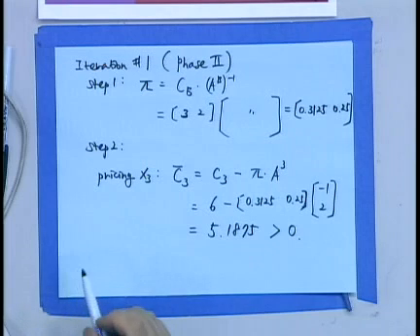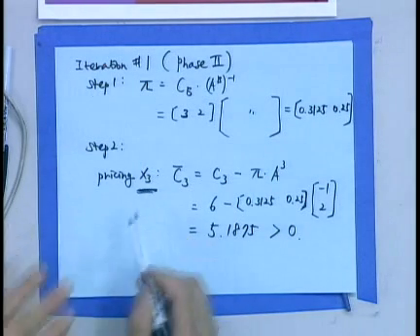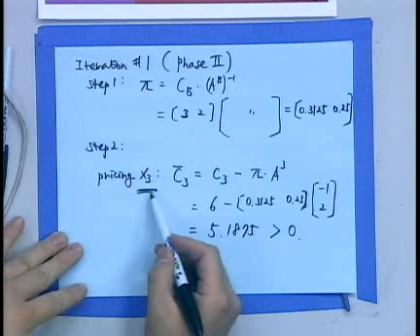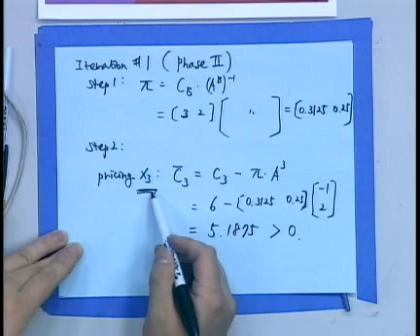Because the reduced cost is positive, increasing this x3 variable would increase the cost, right? Which is the objective function value. So the x3 variable should be rejected as a pivot variable, right?